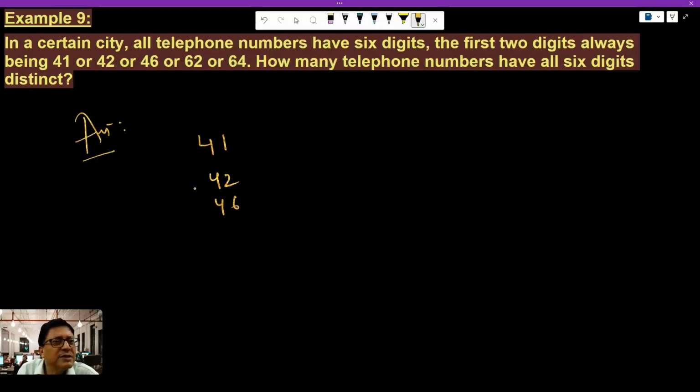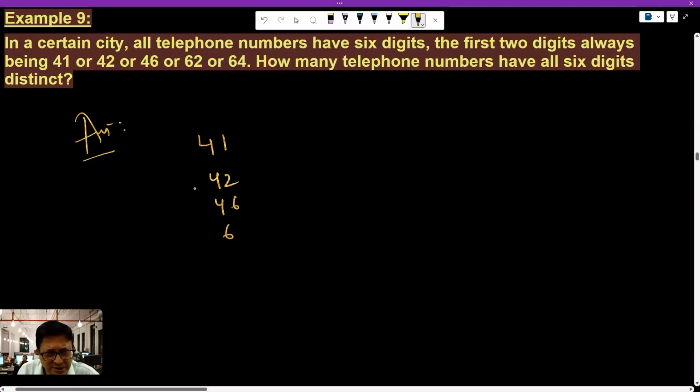In this hypothetical place, like this, it is 62, 64. How many digits are there? 6 digits. We are concerned about these 5 cases they have given.